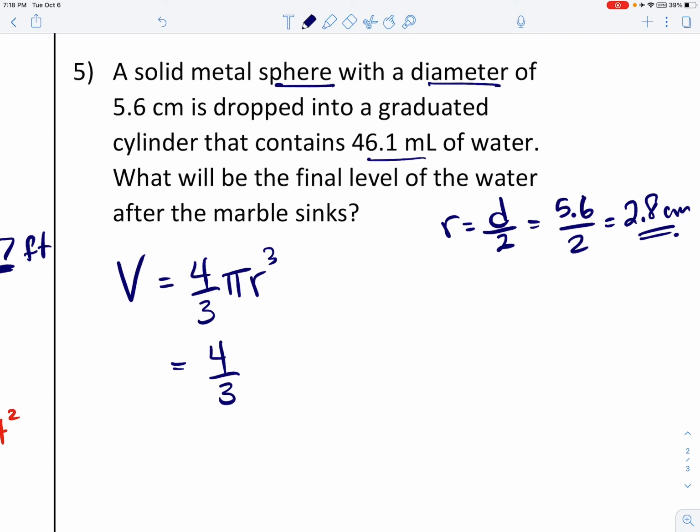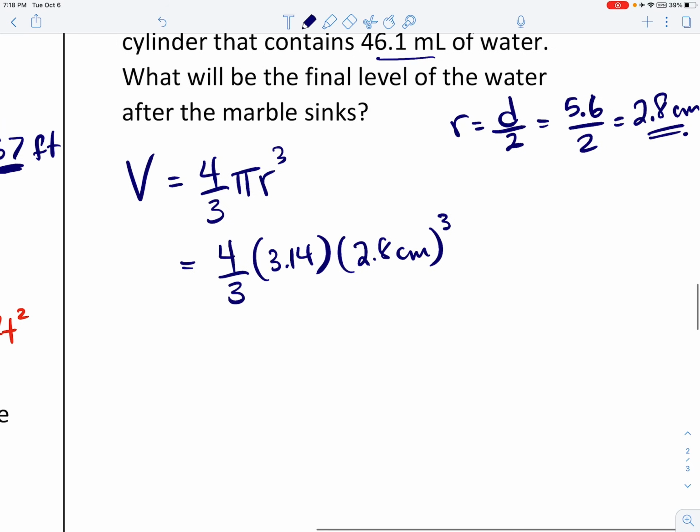Now we can put this into the formula and we can calculate the volume of the sphere. 4/3 times pi times the radius, 2.8 centimeters cubed. Cubed means timesing it by itself 3 times. So we go on our calculators, 4 times 3.14 times 2.8.